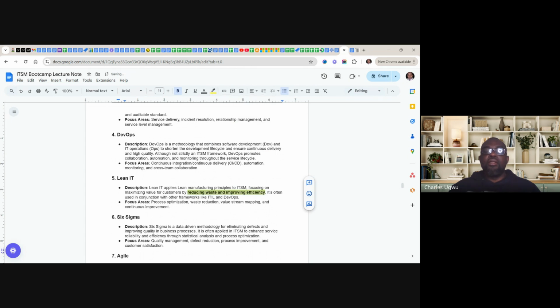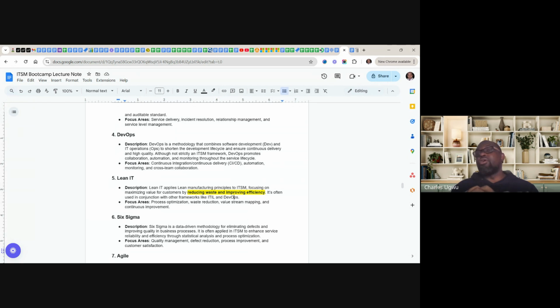Lean normally goes together with Six Sigma. I'll call it Lean Six Sigma. Lean focuses on waste reduction, and many high-powered organizations are doing this these days in their project management and even in running their organization.